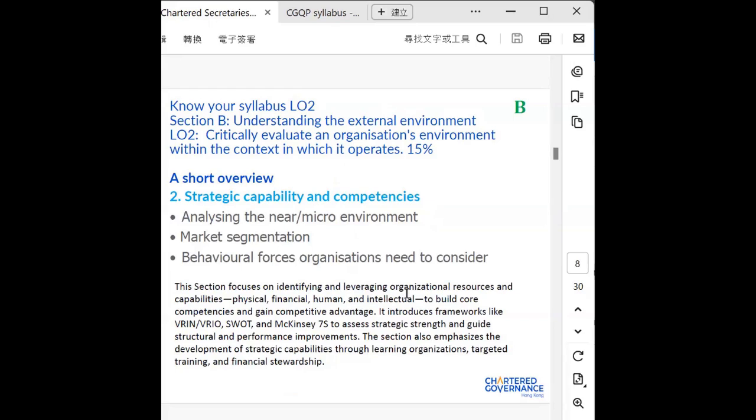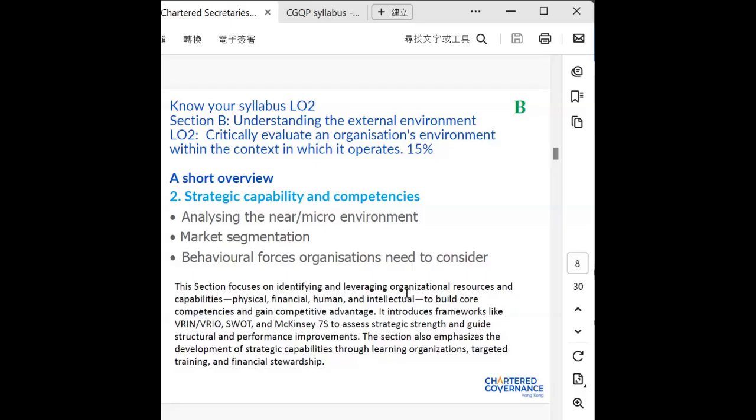So your competences are the skills and your ability that enable your company to perform activities efficiently, and that you can differentiate yourself from the competitors. So together, the strategic capability and core competence will form the foundations of the competitive advantage.